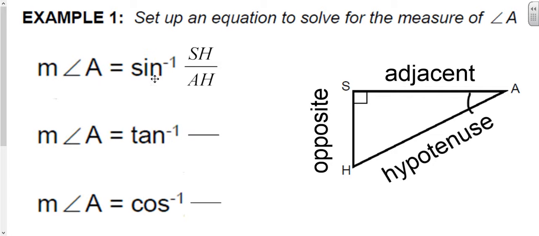If we put those two lengths in there, it's going to output the measure of the angle. To use inverse tan, tan is opposite, which is SH, over adjacent, AS. So if we put the ratio of these two sides into the inverse tan, we'll also get out the measure of angle A. It depends on which ones you have to use. And then, of course, cosine is the side adjacent, which is AS in this picture, over the hypotenuse, and there it is.